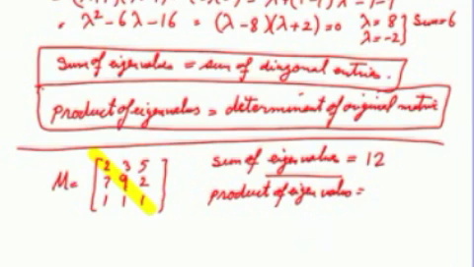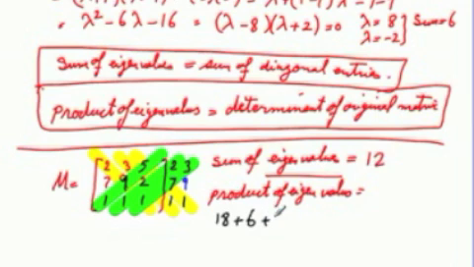For the product of the eigenvalues, you say, okay, let's copy it over, and so you will have 2, 7, 1, 3, 9, 1, and then you repeat this multiplication 3 times, and then so you have 2 times 9 times 1 is 18, and 3 times 2 times 1, that is 6, and 5 times 7 times 1 is 35.